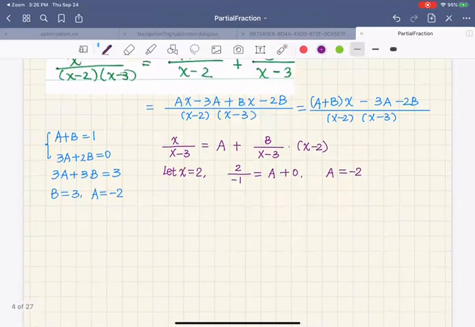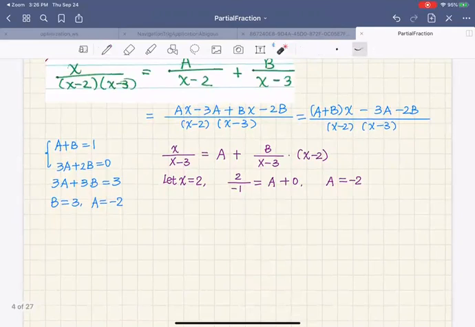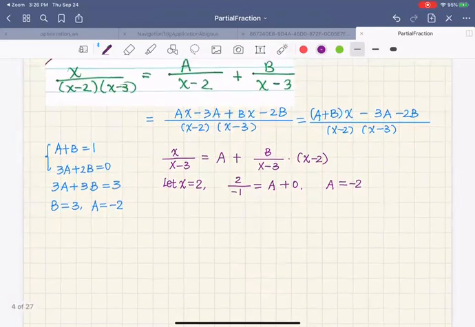Yeah. Okay. Now, previously I used x minus 2 to times each term. Now I'm going to use x minus 3 to times each term. Then x minus 3 times each term, the left becomes x minus 2. Here is a times x minus 2 times x minus 3, and then plus b.